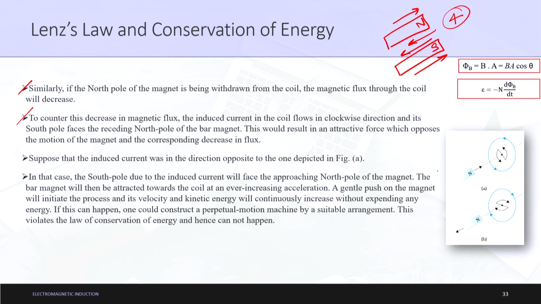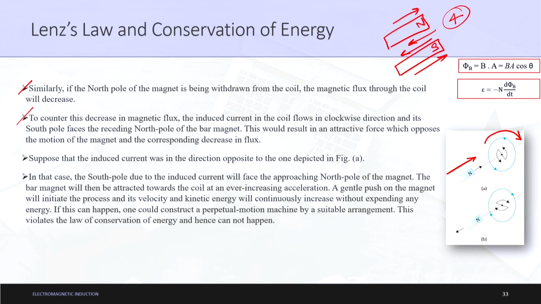Let us explain this case only, that the north pole of the bar magnet is going towards the coil. For now, take a hypothetical situation in which the current direction is similar to the direction of magnetic flux, that is in this direction. That means it is attracting the magnet more, not deflecting it.